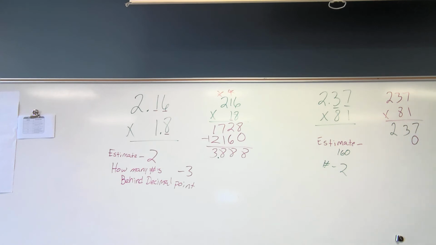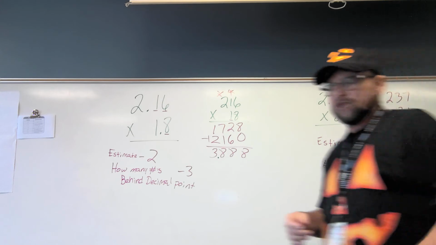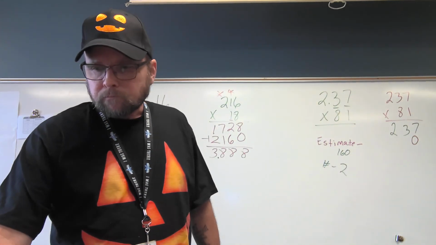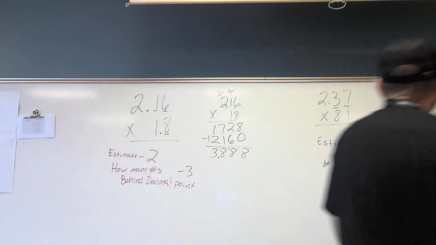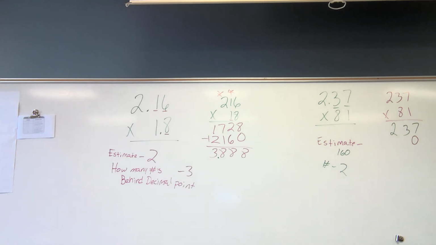8 times 7. Who did I pick? Brad. He's not here. Dax. 8 times 7. 56. Good. I have 56 tens, or 6 tens and 5 hundreds.